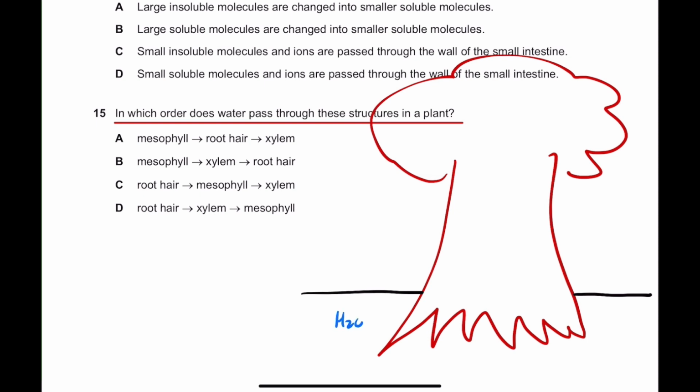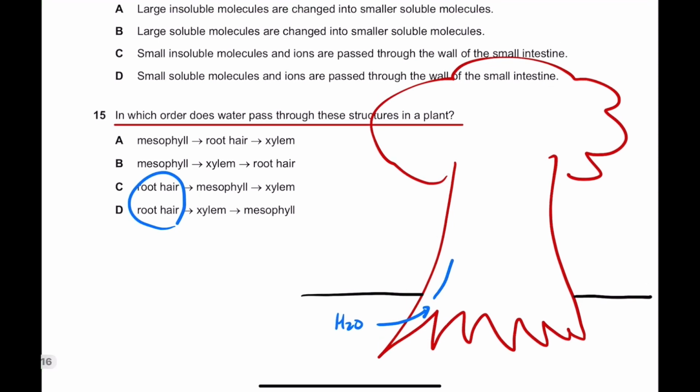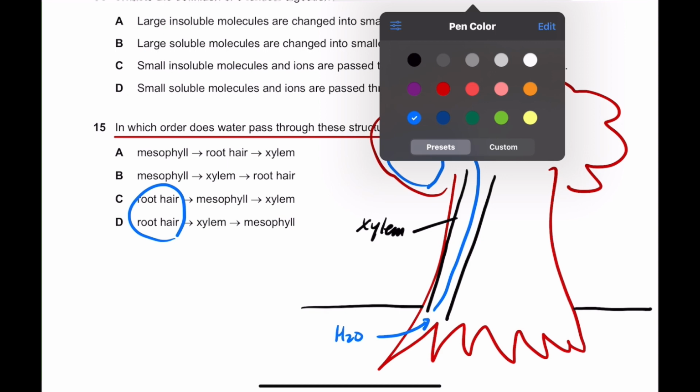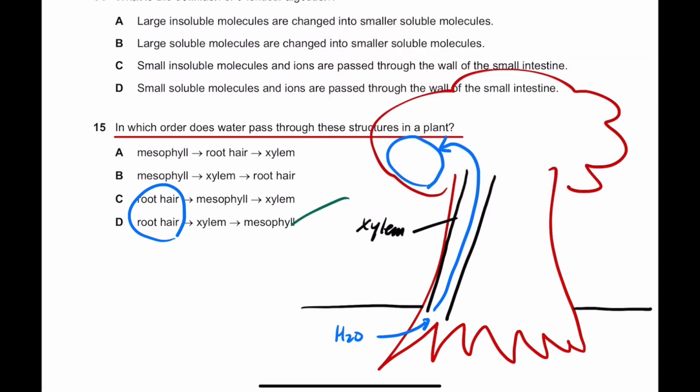The water outside the root, in the soil, gets sucked in, of course, by the root hair cells within roots, and then it gets transported to the leaves through a pathway called xylem. And then as soon as it reaches the leaves, it's going to go into the leaves.